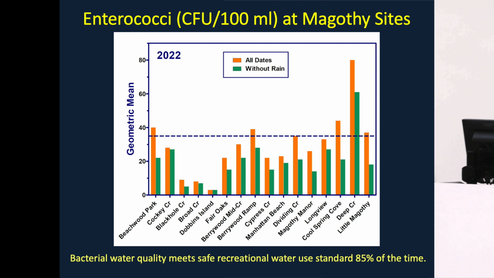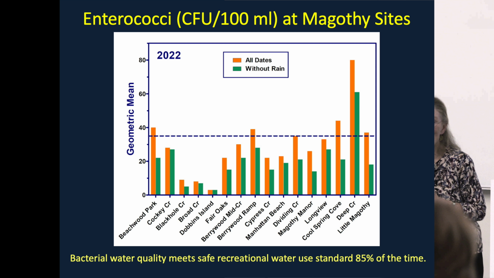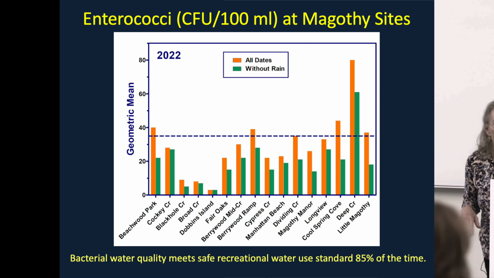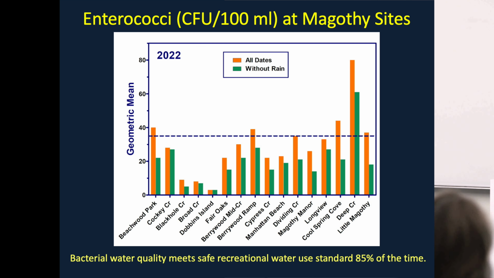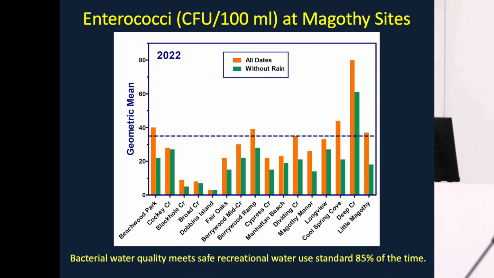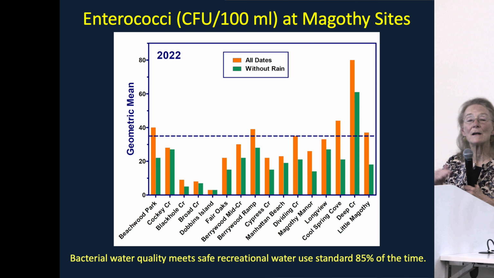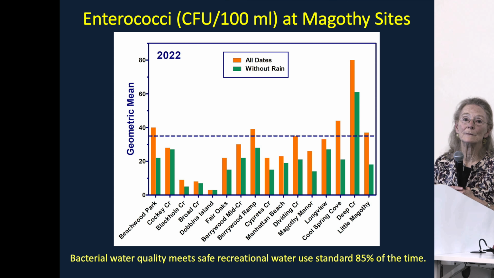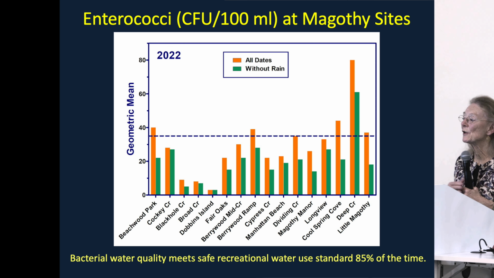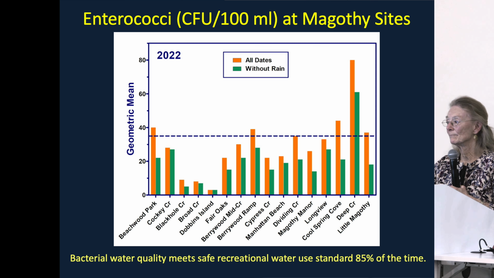You don't want to be in it for about 48 hours after a heavy rain, because not only are the sediments in there, but there's also plenty of enterococci in there, and the counts can be quite high. And these are just indicators that there could be other bacteria there that would be harmful. So particularly as the river gets warmer later in the summer, in August, you don't want to be in the river until after 48 hours following a heavy rain.